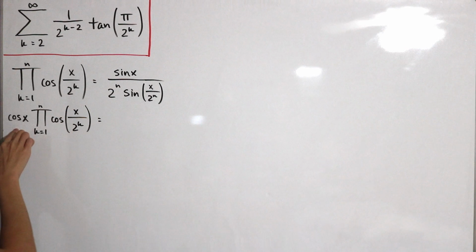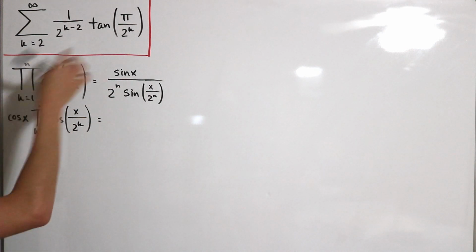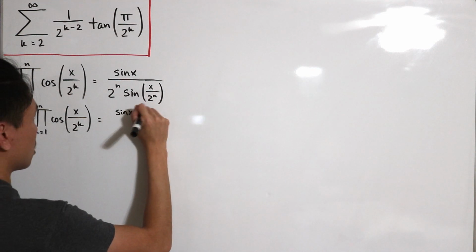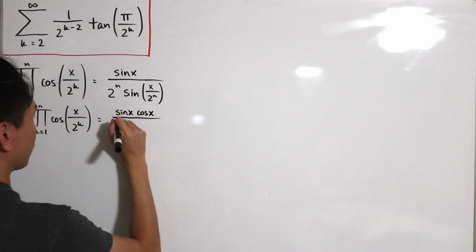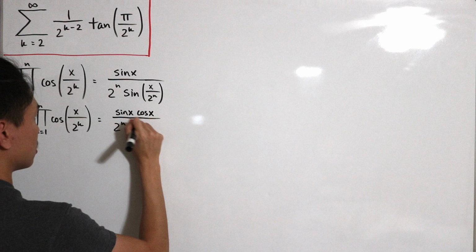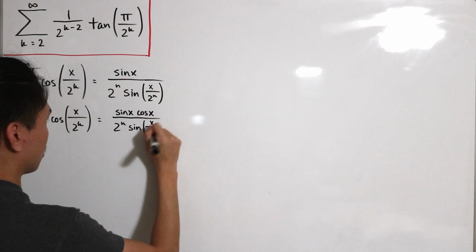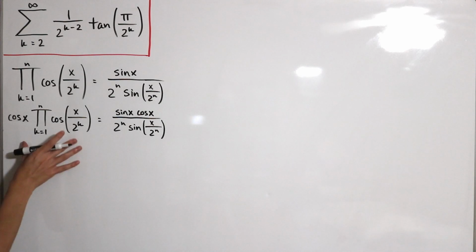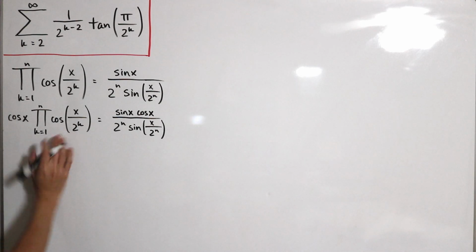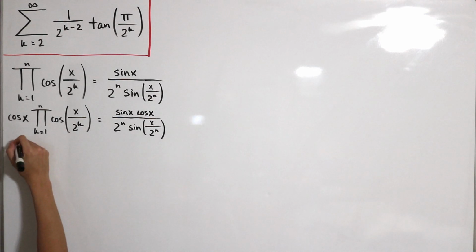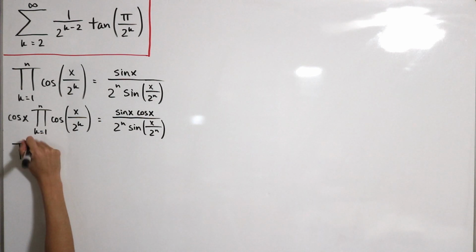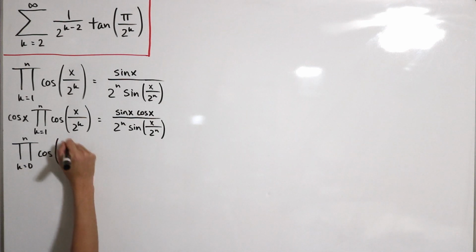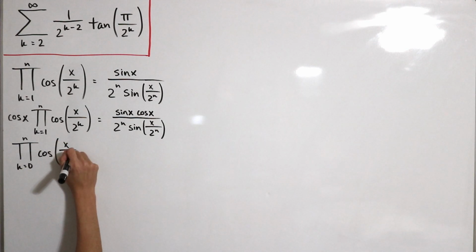Since there's a cosine of x here, I'll multiply cosine of x to the other side. So sine of x, then cosine of x divided by 2 to the power n, over 2 to the power n. Doing so, we can rewrite the left-hand side of our equality as a new partial product series, this time with our index starting at k is equal to 0: cosine of x divided by 2 to the power k.